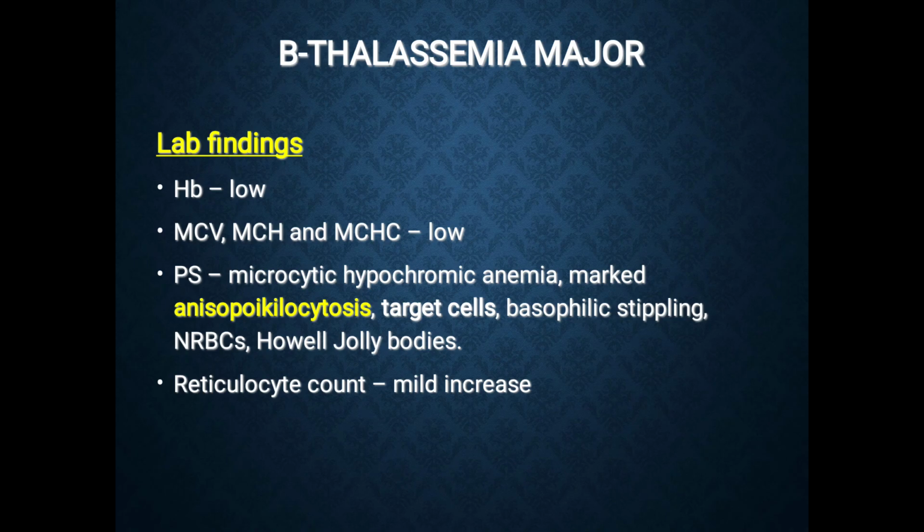The peripheral smear will commonly have a microcytic hypochromic blood picture with anisopoikilocytosis, that is different shapes and sizes of RBCs, with peculiar RBC features of target cells. That is very common in thalassemia as such, and they'll also have basophilic stippling, and immature erythrocytes, that is nucleated RBCs, can be there.